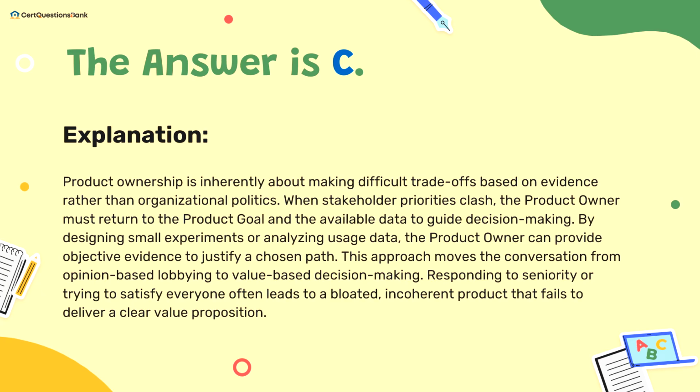By designing small experiments or analyzing usage data, the product owner can provide objective evidence to justify a chosen path. This approach moves the conversation from opinion-based lobbying to value-based decision-making. Responding to seniority or trying to satisfy everyone often leads to a bloated, incoherent product that fails to deliver a clear value proposition.